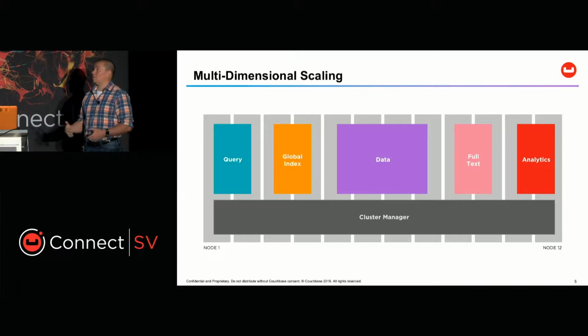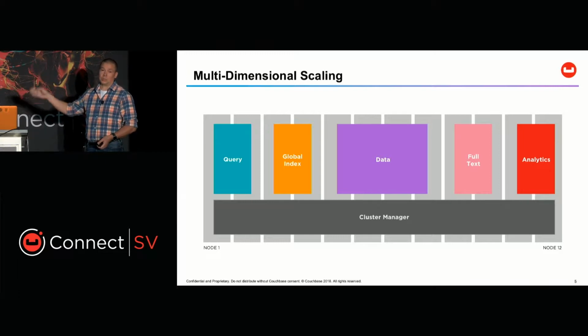Sometimes you're going to have more data nodes and not as much query load. Sometimes it's going to be the other way around. So when you install your Couchbase nodes, you can select which service or services you run on that particular node. That's the whole concept of multidimensional scaling. You scale a certain dimension of your cluster depending on your use case.